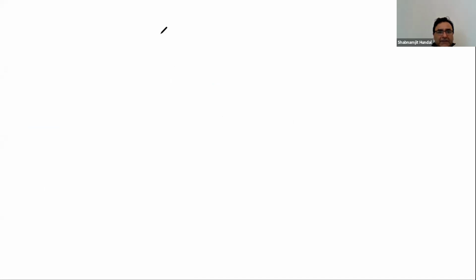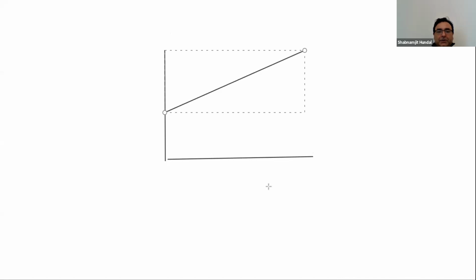We discussed it last time that if this is the x-axis and y-axis, this is how linearly related the firm's stock return is with the market stock return.